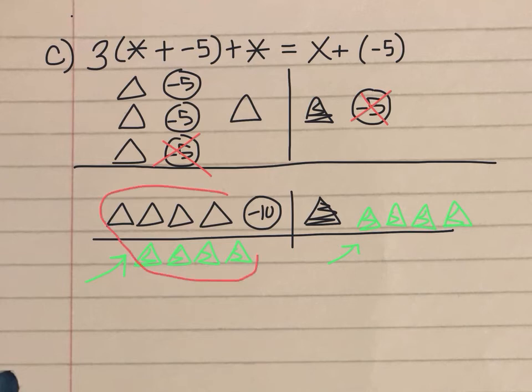I've created 4 different 0 pairs here that cancel one another out. And now I've got 1, 2, 3, 4, 5 triangles equal to -10, which means that one triangle is equal to -2. And star would be equal to +2.